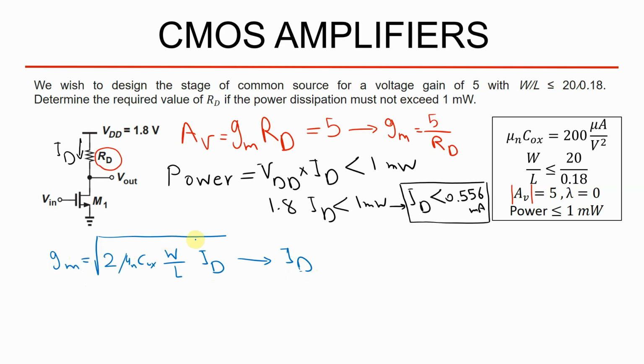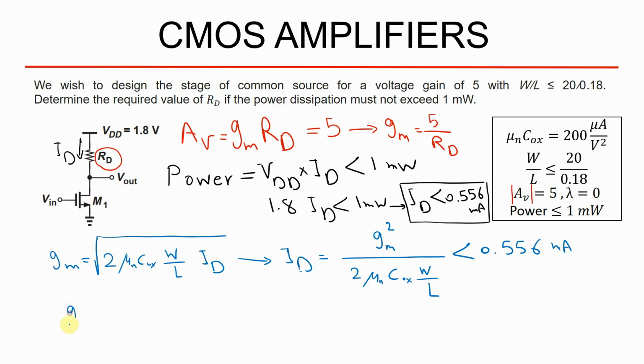If we take the power of 2 for both sides, and by using some simple calculation I can get that GM squared divided by 2 mu n C oxide W over L. So this I drain has to be less than 0.556, and remember this is in milliamp.